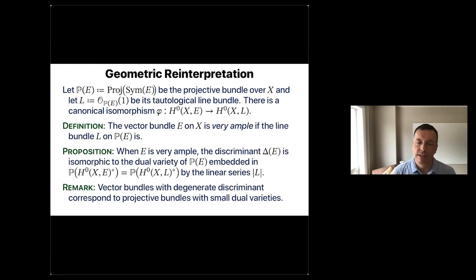And so for dual varieties, the three questions I had before: when is the dual variety irreducible? When is the dual variety a hypersurface? When it's a hypersurface, what is its degree? These are natural questions that one asks for dual varieties, and that now fits in this context very nicely. So vector bundles with degenerate discriminants correspond to projective bundles with small dual varieties.